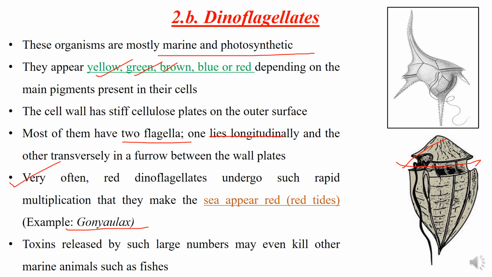Toxins released by such large numbers may even kill other marine animals such as fishes, because red tides are not good for aquatic animals; they release toxins and these kill the aquatic animals. So this is the dinoflagellates; chrysophytes and dinoflagellates we have studied up to now.